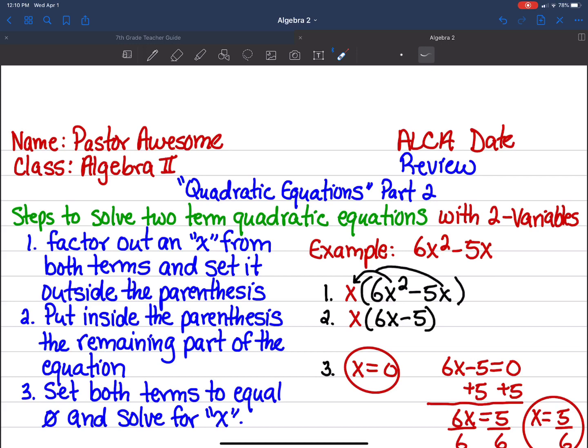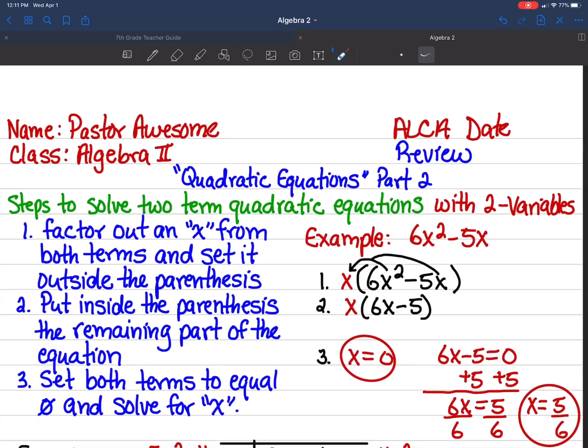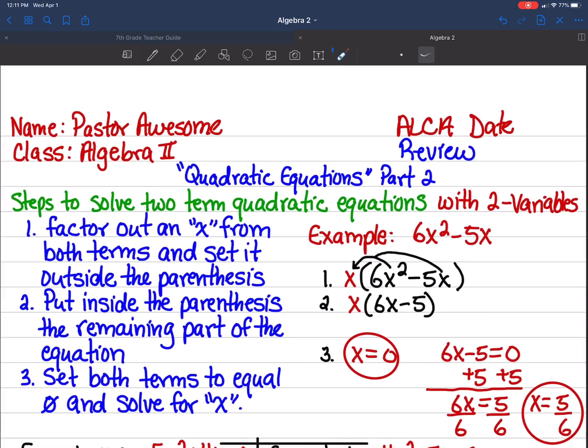Now we have set up our equation, and from here on, this is very, very simple. We have the x outside that we factored out and our equation inside. Step number three tells us to set both terms to equal 0 and solve for x.